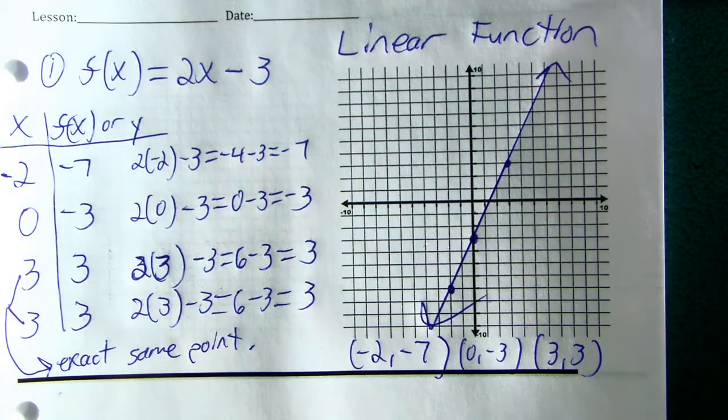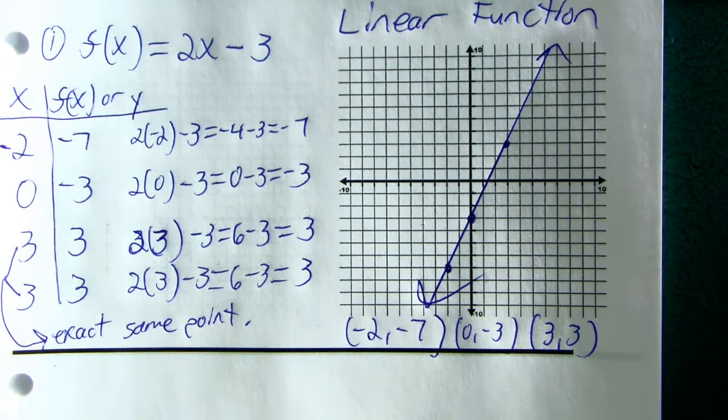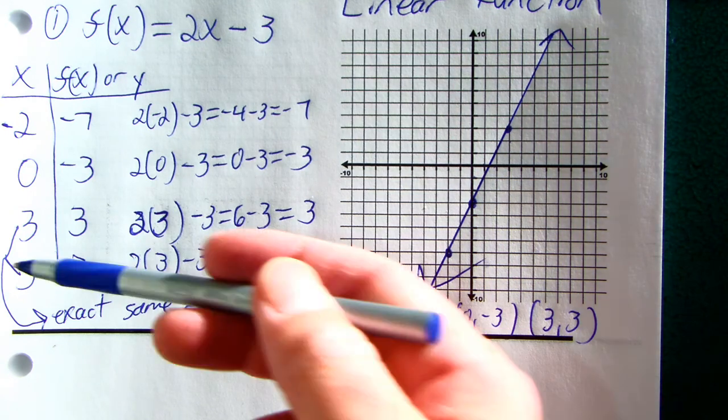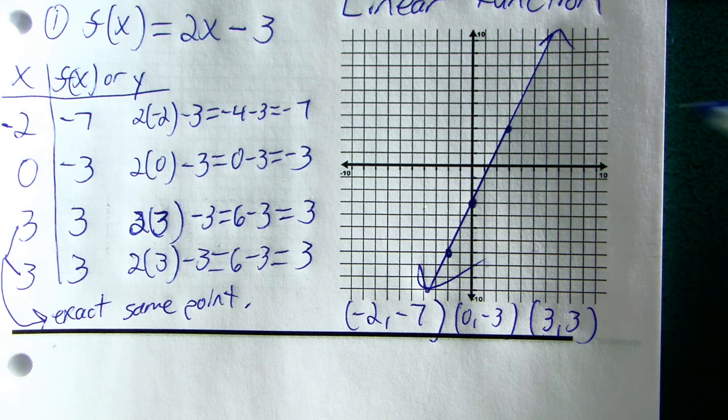They're the exact same point, okay? Nothing's different there. So that's why, when we say do the x values repeat, pretty much they never will, because 3, you get 3, 3, and then 3, 3. It's the exact same point. You're not going to have anything getting messed up like that.